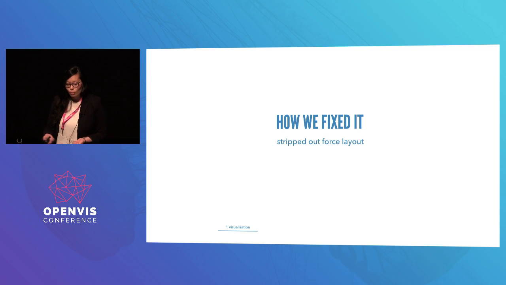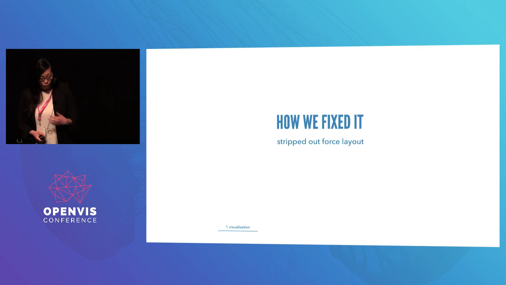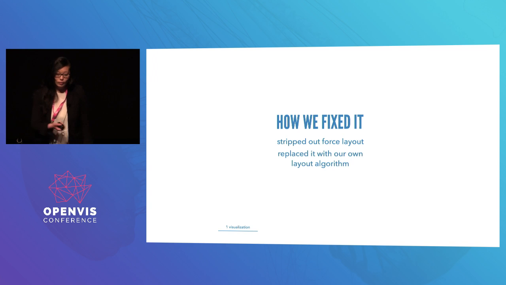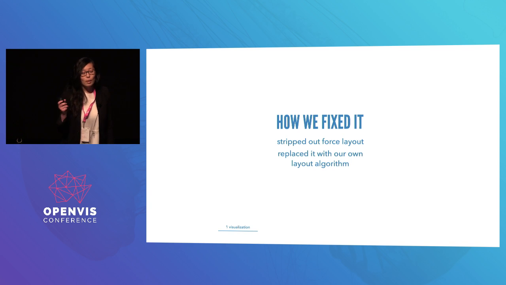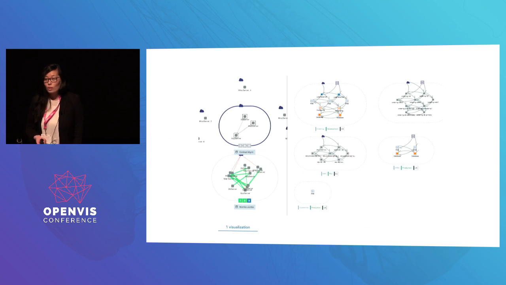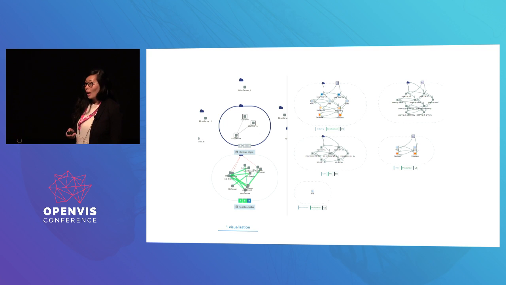So we went and completely stripped out the force layout from all of our code, and we implemented a layout algorithm that was designed specifically for our own needs. So this is the before and after, the before on your left and the after on your right.